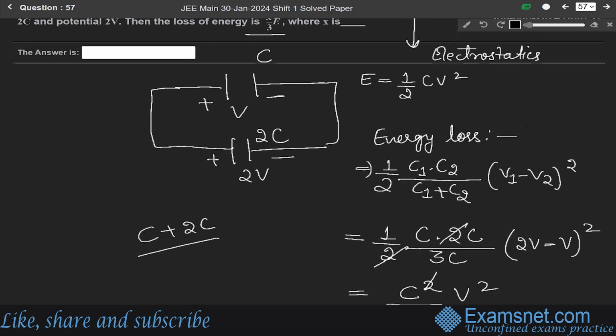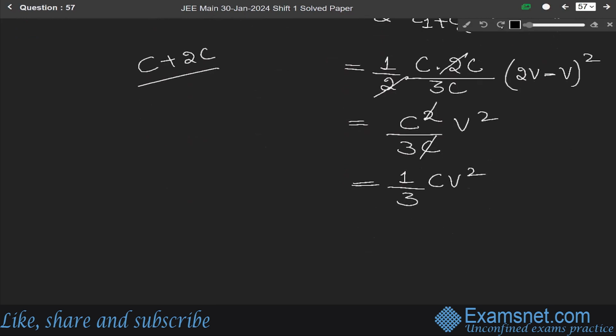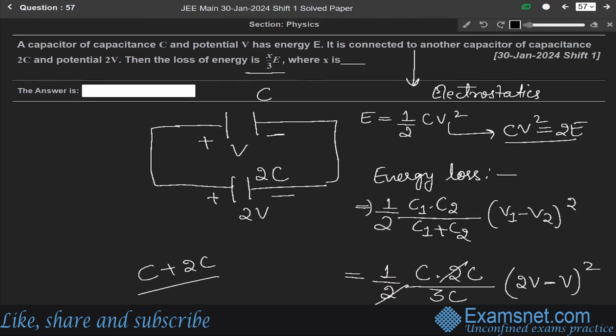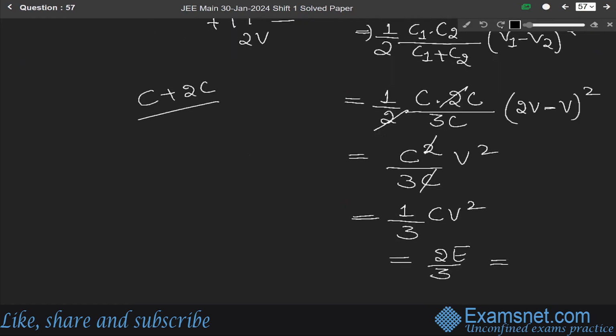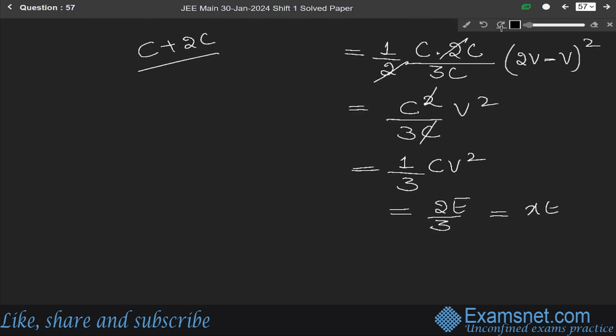And from this relation, CV square is equal to 2E. So in place of CV square, we write 2E over 3. So comparing it with the given equation in the question, XE by 3, we get X equals 2.